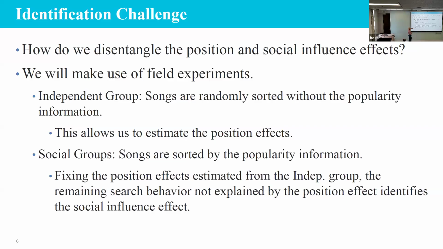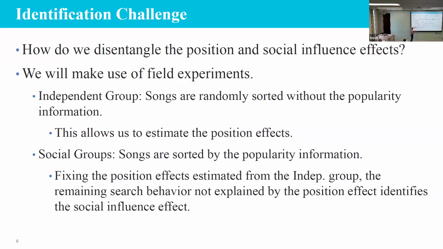And so how do we take advantage of these two groups? Well, in the independent group, because there's no popularity information involved and the songs are randomly ordered, when we estimate a structural model using the data from the independent group, it allows us to pin down the product position effect.